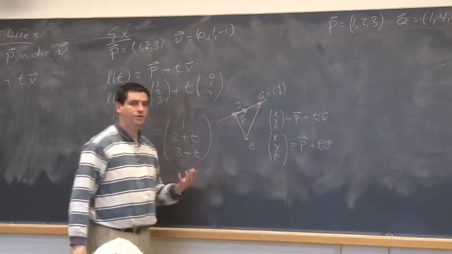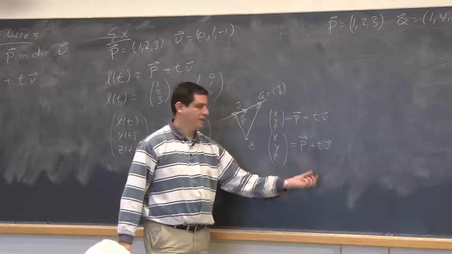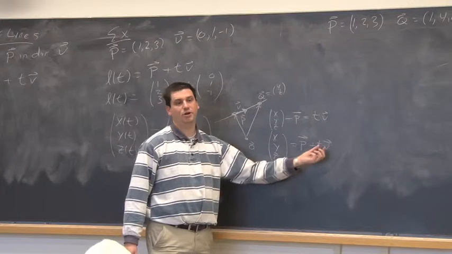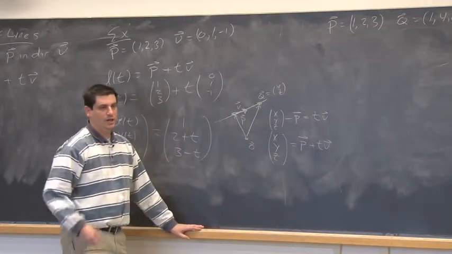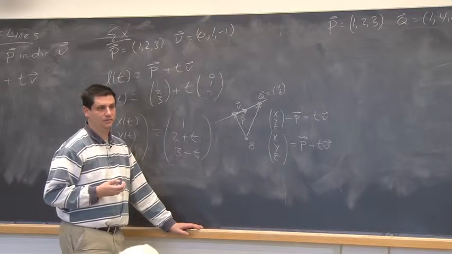So this is the equation of a line. Here's my base point, my anchor point, here's the direction I'm moving, and here's how much I've moved, how many copies of V I've moved. You could have different anchor points for a line, and it'll still be the same line.